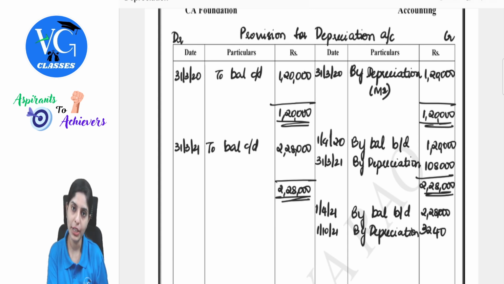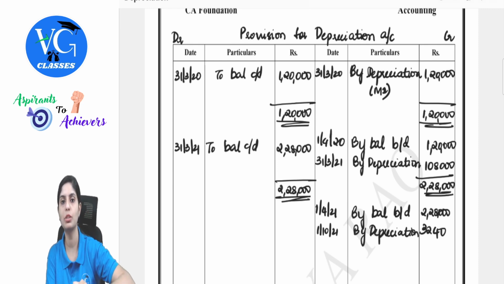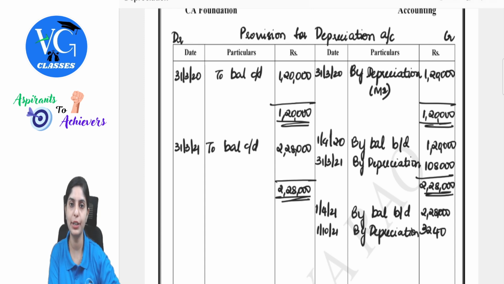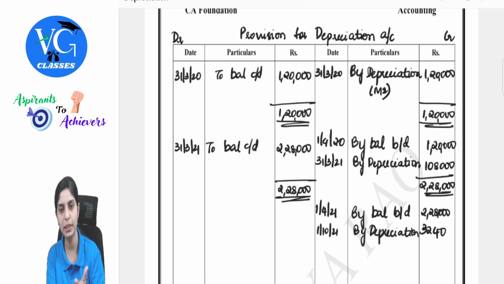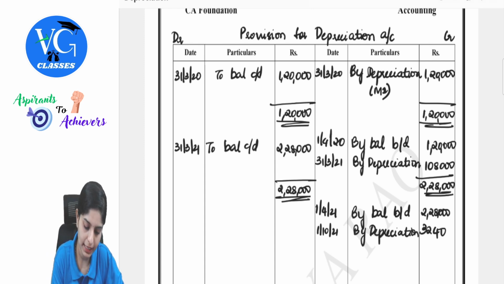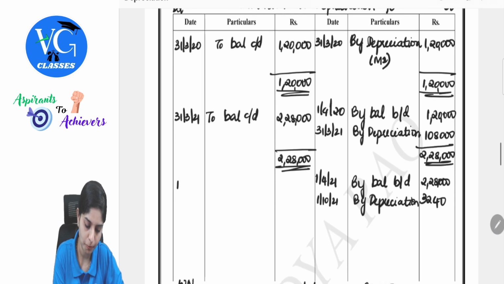So we have to take out the balances of the asset belonging to 80,000. That means depreciation calculated so far needs to be eliminated. How do I eliminate this? Provision for depreciation, when we charge depreciation, will be taken to depreciation. So this is coming from the asset account. So we will take it to machinery account. 1st October 21 to machinery.